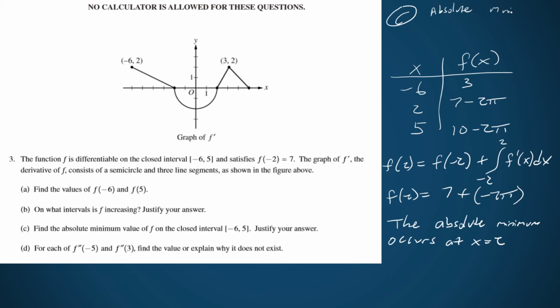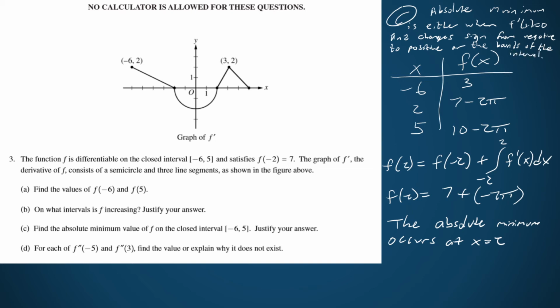Okay, so an absolute minimum is either when f prime of x equals 0 and changes sign from negative to positive, or the bounds of the interval. This means the start point or end point. Okay, and I think we would get full credit for that.